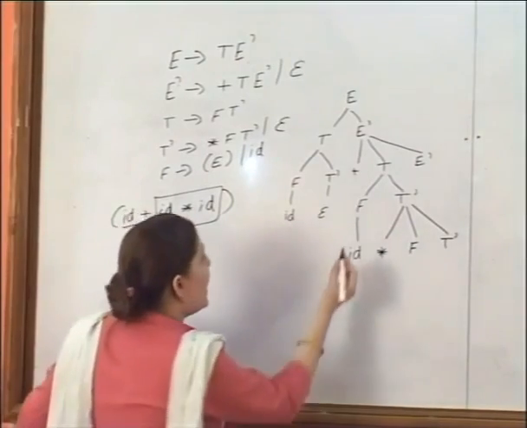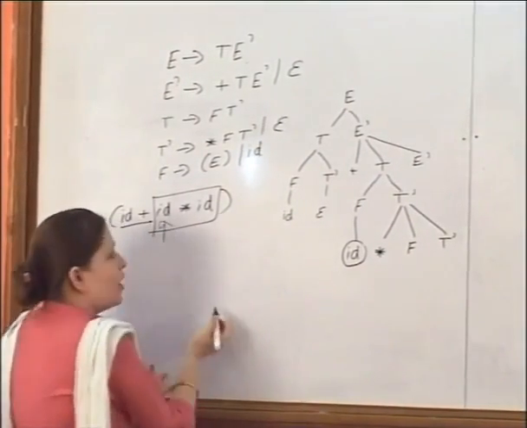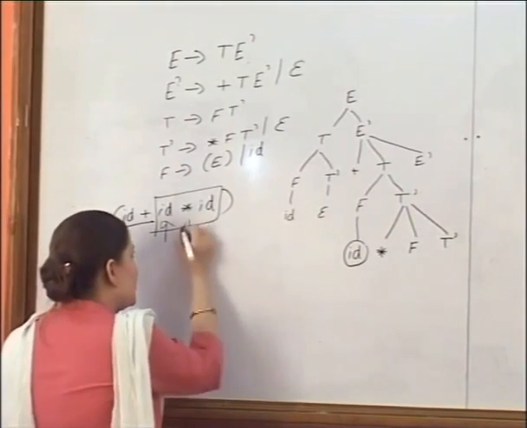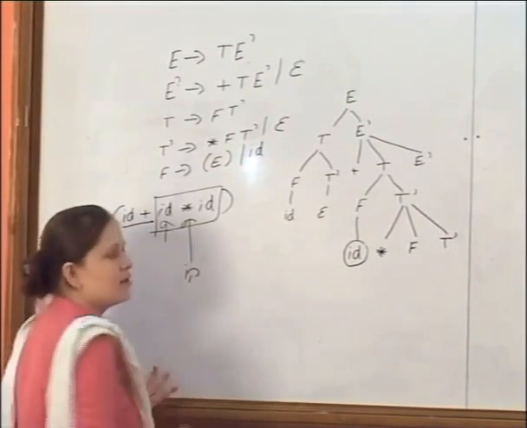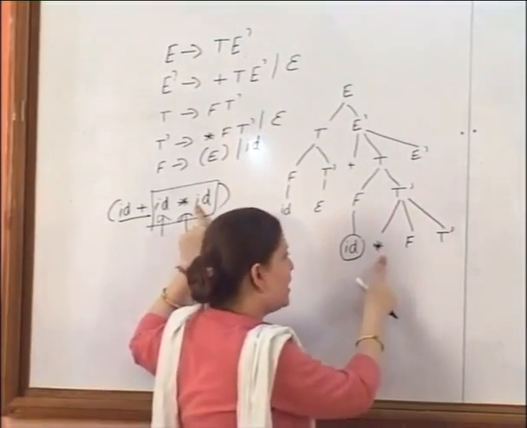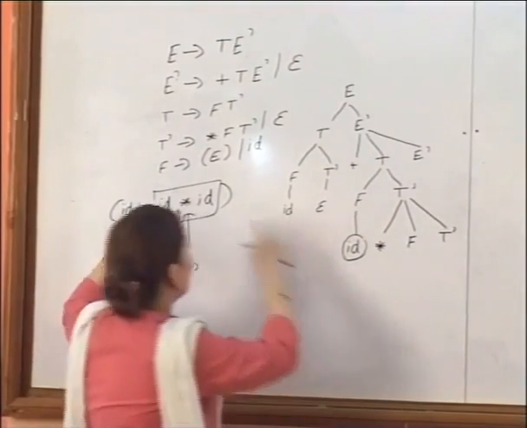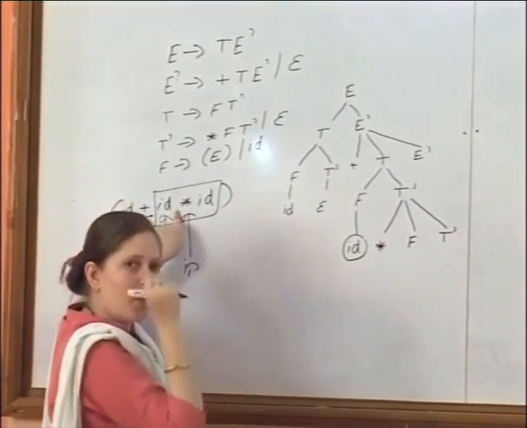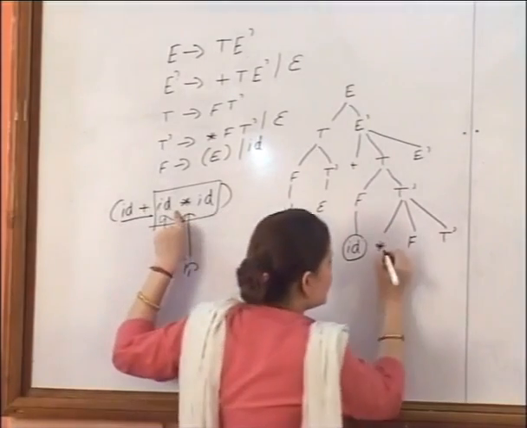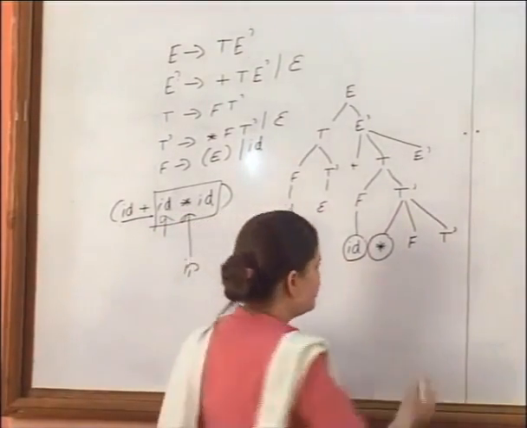Now we have scanned this ID with this ID, and the next input pointer is pointing towards the star symbol. As the leftmost node that appears here is a star, a terminal symbol, it is checked with the input string's pointer value. That means this matches and it is successfully passed.